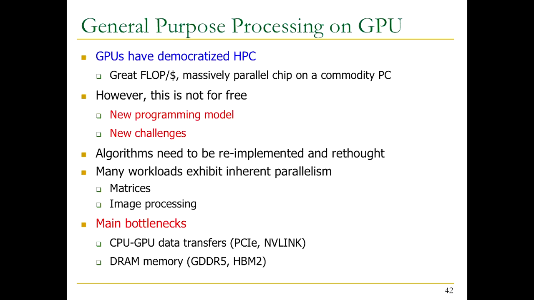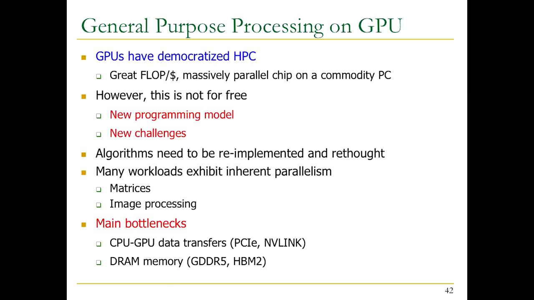But the good thing is that there are many workloads that exhibit this massive data parallelism. They are inherently parallelizable. So, for example, computation on dense matrices and image processing can easily take advantage of the GPU capabilities.